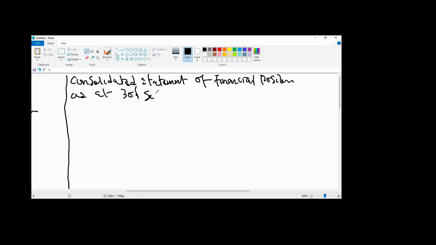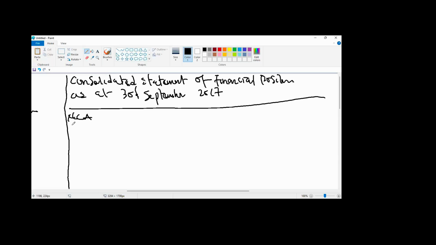Non-current assets, PPE, 1,200 plus 403,200. I'll open the goodwill account. After the goodwill, I will leave two or three line spaces because of those things that can come there.